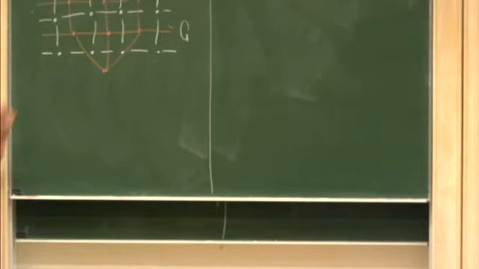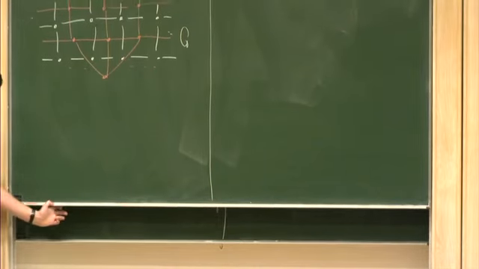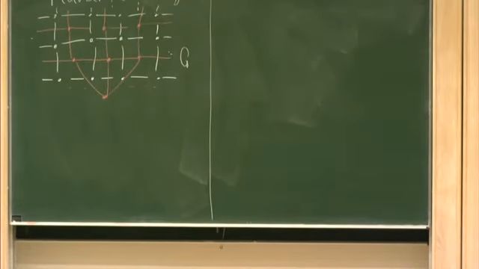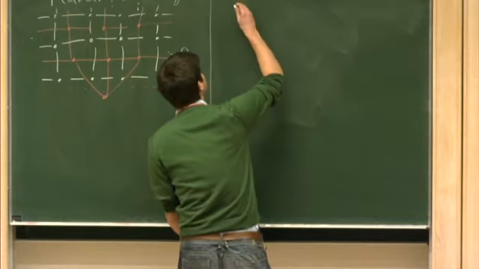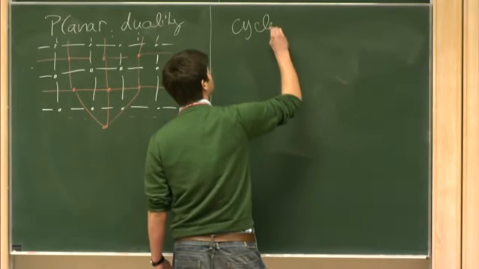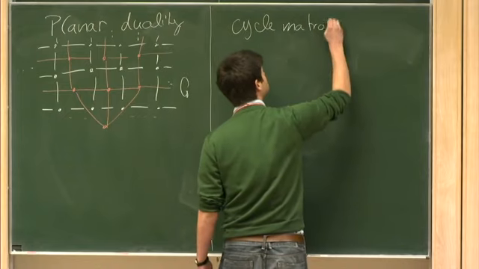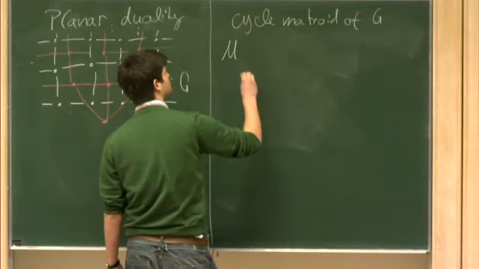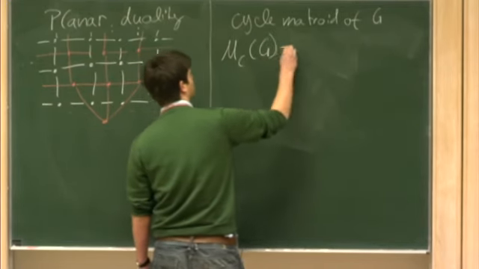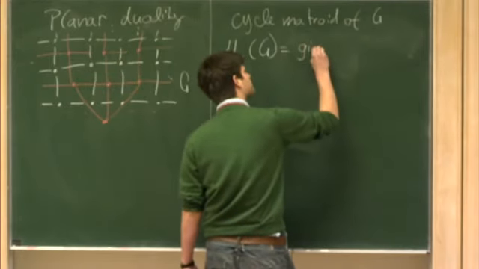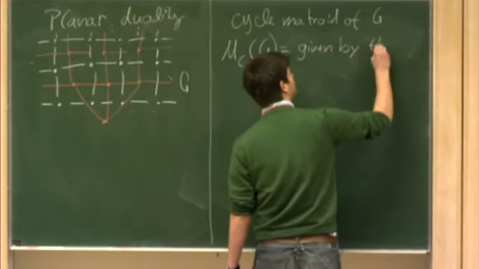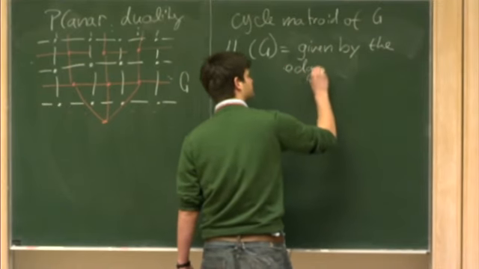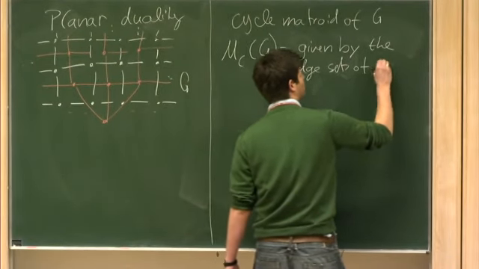So this is a topological way to explain what the dual of a graph is, but there is also a way to explain it completely in terms of linear algebra. To explain this, Whitney in the 1930s introduced the cycle matroid of a graph G. The cycle matroid of a graph G is given by the edge sets of the cycles of the graph.